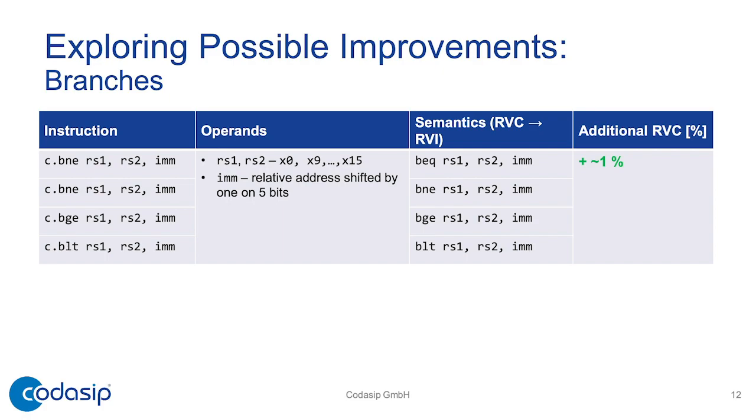As the register operands, we use 8 registers, but this time we replaced X8 with X0 because it's used more often than the low part of the 8 registers that are in C. And the rest was used by the immediate, in our case 5 bits. Using these branches, we got about plus 1 additional RISC-V instructions.